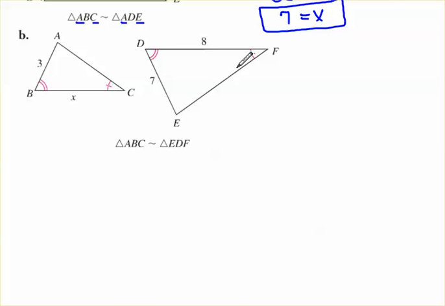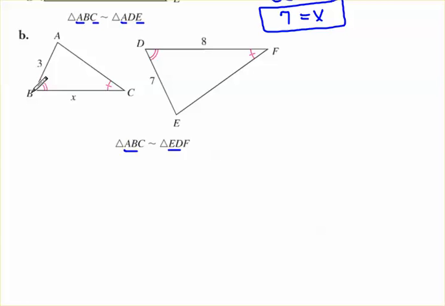EDF. So we have to again be very careful about how we're setting up our proportionality, because it's not DEF, it's EDF. So let's look at our sides here. First of all, we have side AB, and that would have to be proportional to ED.